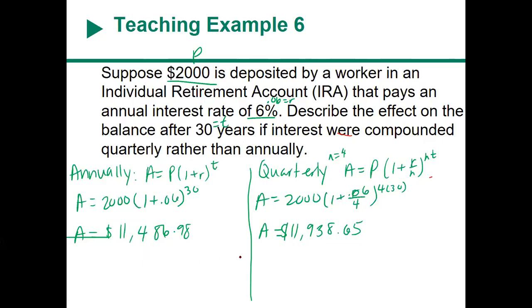So comparing the two, which one is the better? Quarterly. If he compounds quarterly, he's going to make $450 plus more dollars, right? So when I compound quarterly versus annually, I'm actually increasing my money faster. So approximately $451 more quarterly.